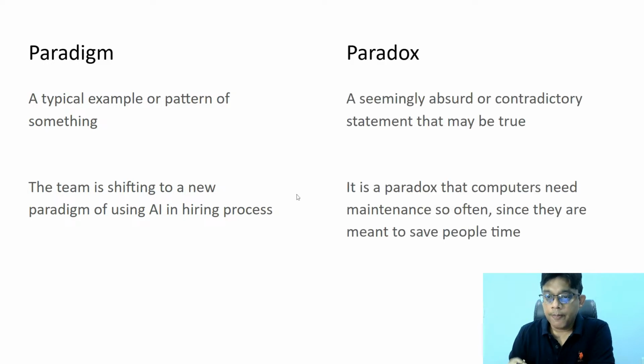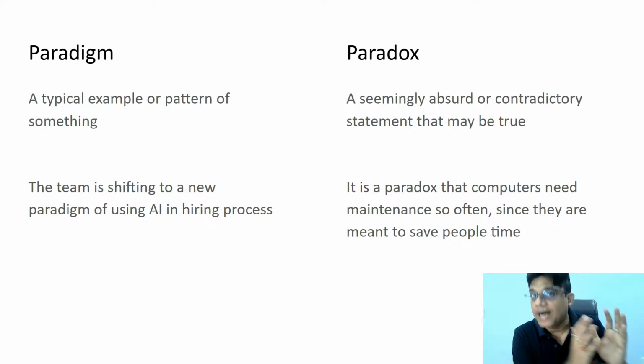The next one, paradox. Slightly difficult word. It means something that is absurd. Yeah, the word paradigm is awesome. Okay, wonderful. A paradox is a seemingly absurd or contradictory statement that may be true. So paradox means something slightly different from paradigm. Paradigm is pattern, design.